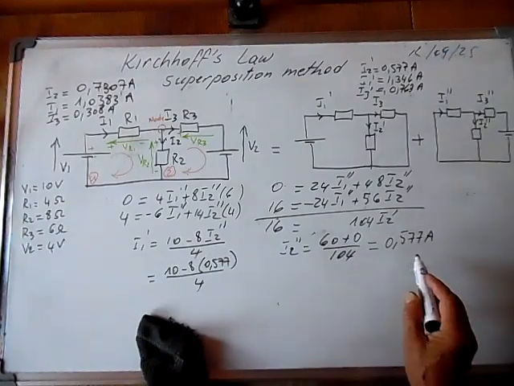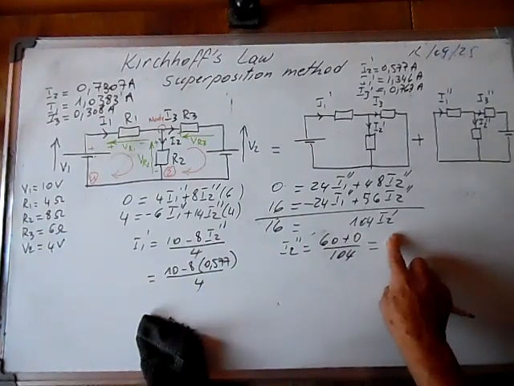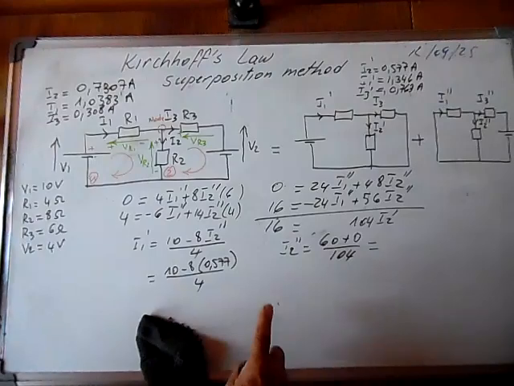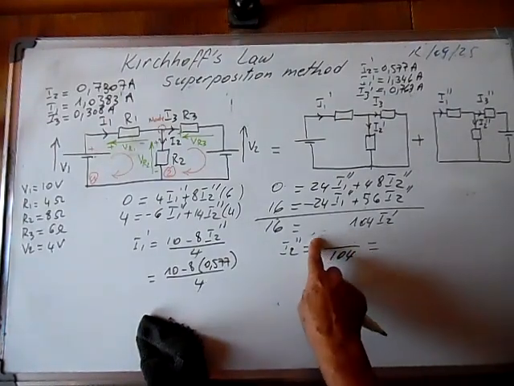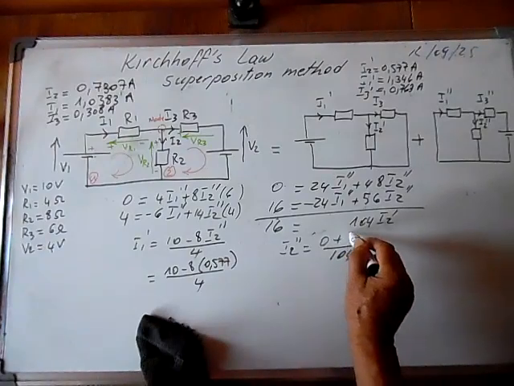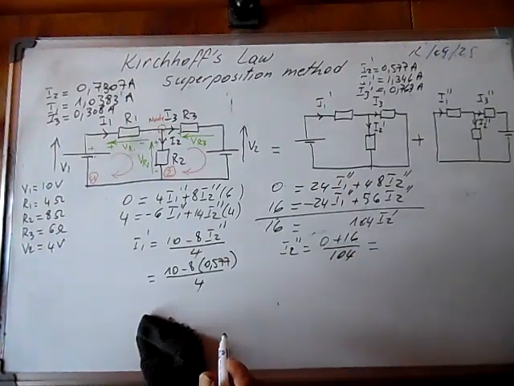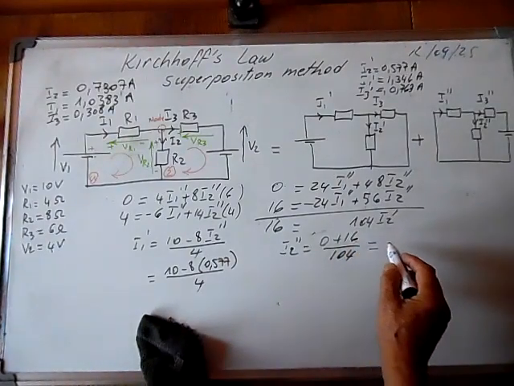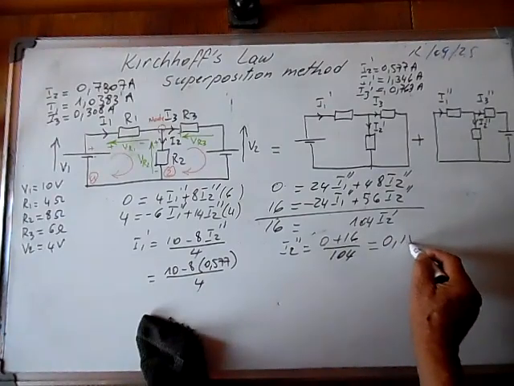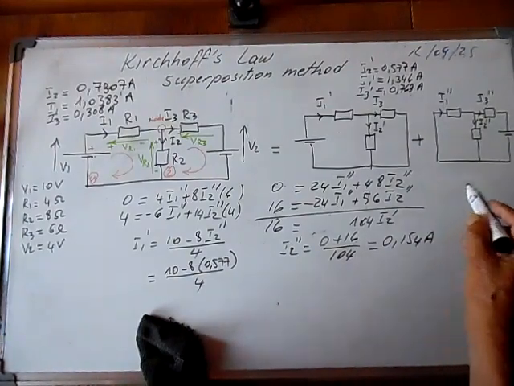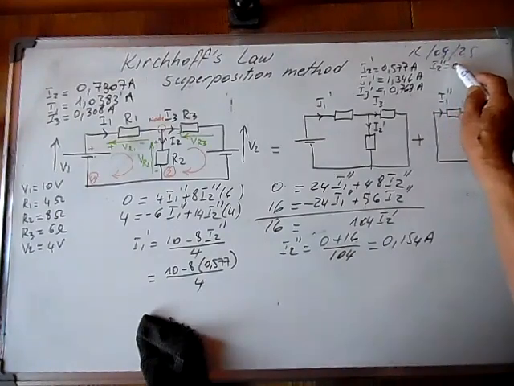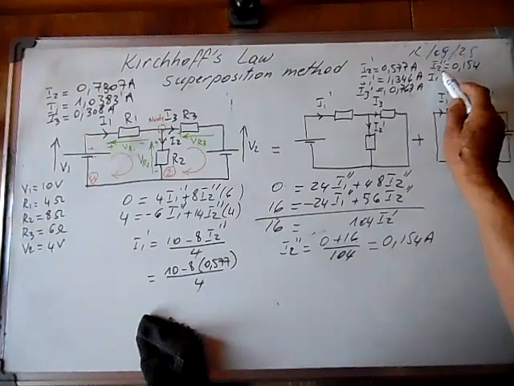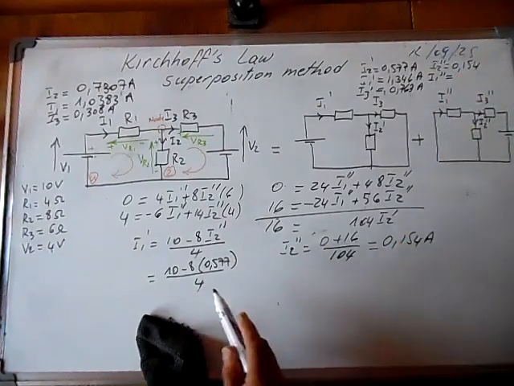I2 prime will be 60 over, so now it's 0 plus 16, and it will be 0.154 amps. I2 second is equal to 0.154. I1 second, I will calculate it now.